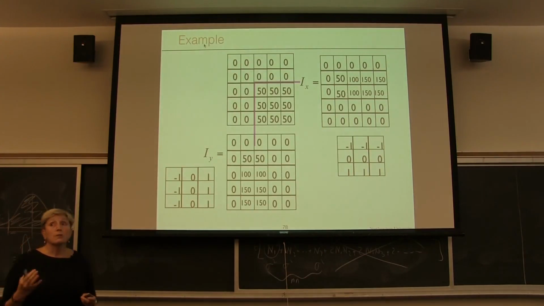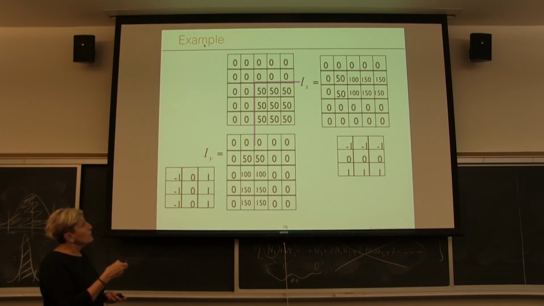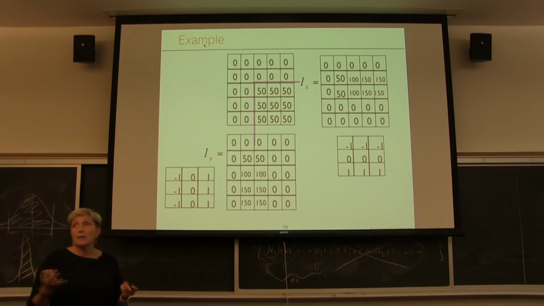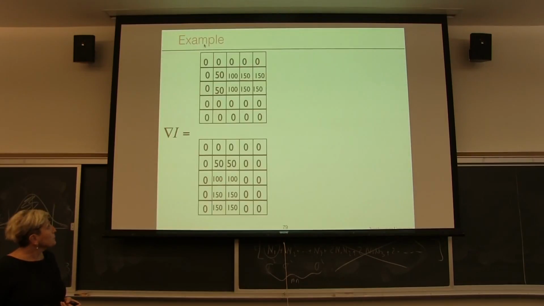And so what I need to do is look at the magnitude of the gradient at every pixel. Okay, so what I need to do is take this one and square it, sum it with the square of this one, take the square root, and then say, is that high enough? Okay, or I could do like he said, just do the sum of the absolute values. Okay, so here's my gradient.